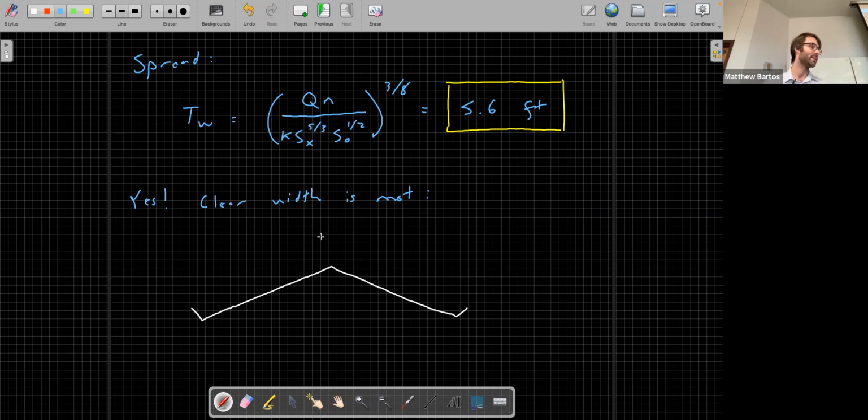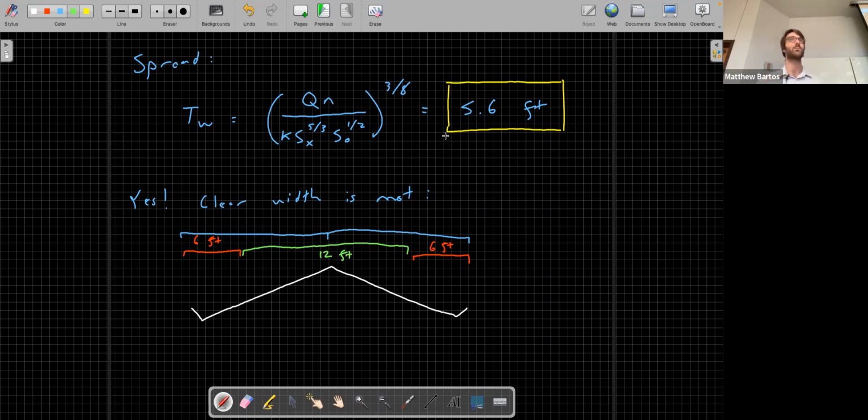We need a clear width requirement of 12 feet, so essentially the allowable spread is 6 feet. And because 5.6 feet is less than 6 feet, we meet the clear width requirement.